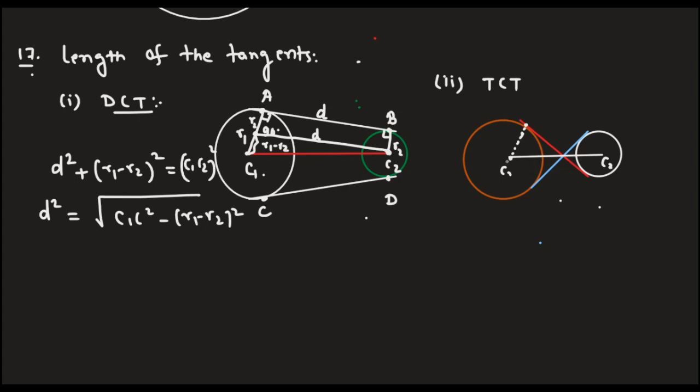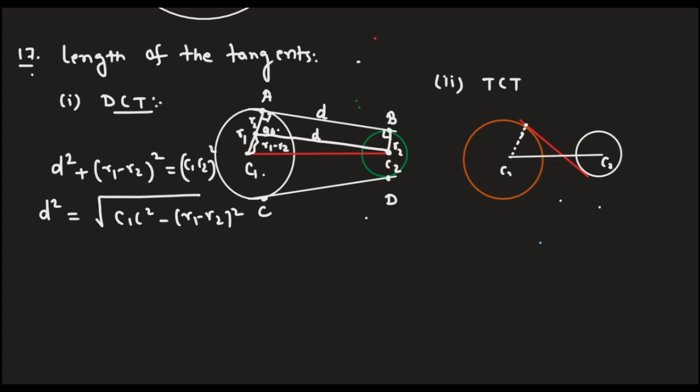Now this blue line, another tangent, is actually not required, so it makes the figure complicated. Let me erase it. This one I don't want.